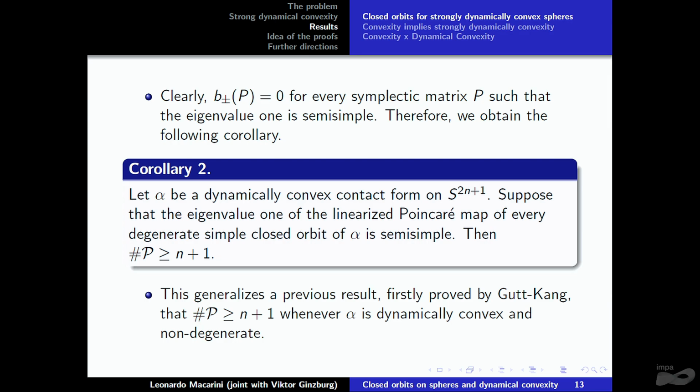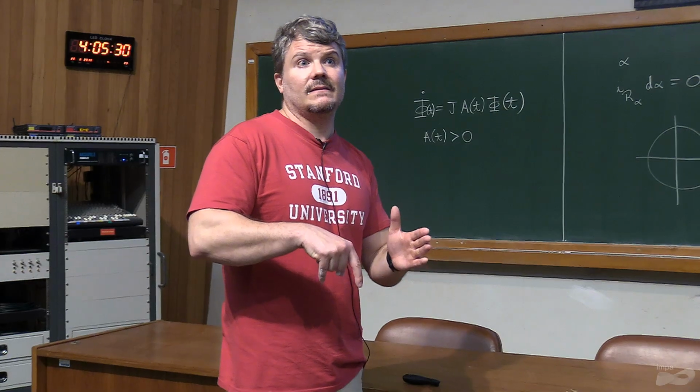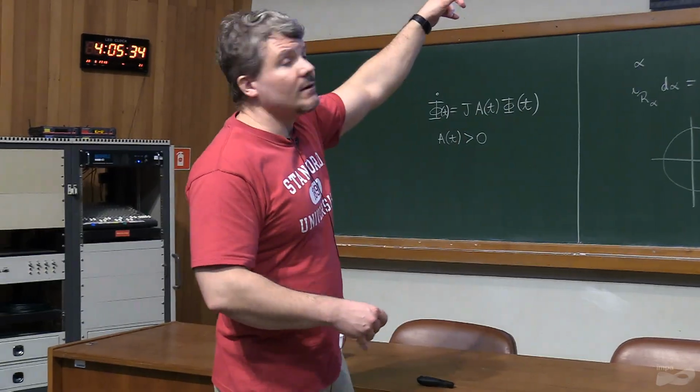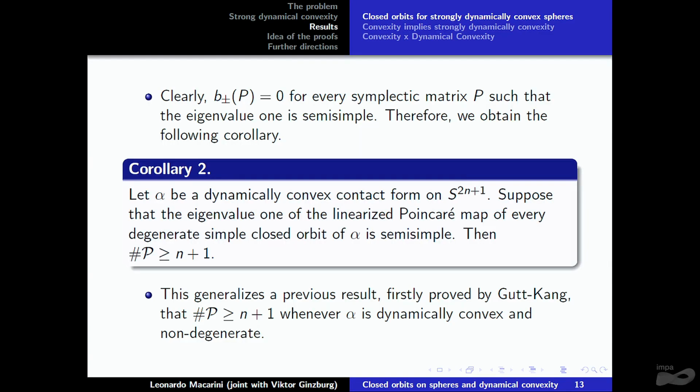We say that a contact form is non-degenerate if the linearized Poincaré return map does not have eigenvalue 1. This is the condition of non-degeneracy. Here in the corollary, you can have eigenvalue 1, you can have degenerate closed orbits, but you assume that the eigenvalue 1 is semi-simple.